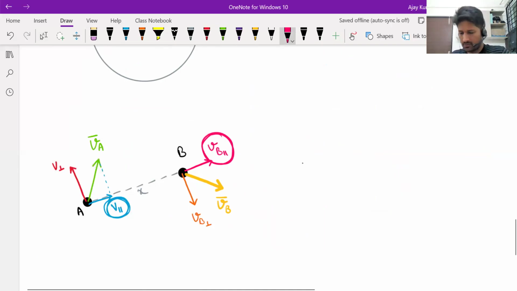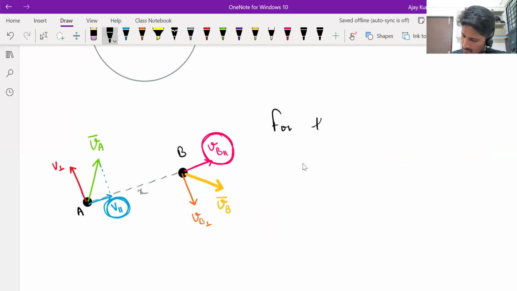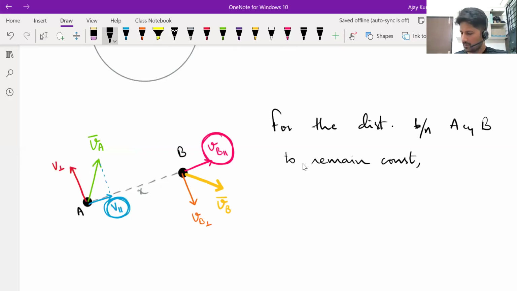So one of you tell me, or think about it, I'll ask one of you. For the distance between A and B to remain constant, what exactly is the condition? Think about it.